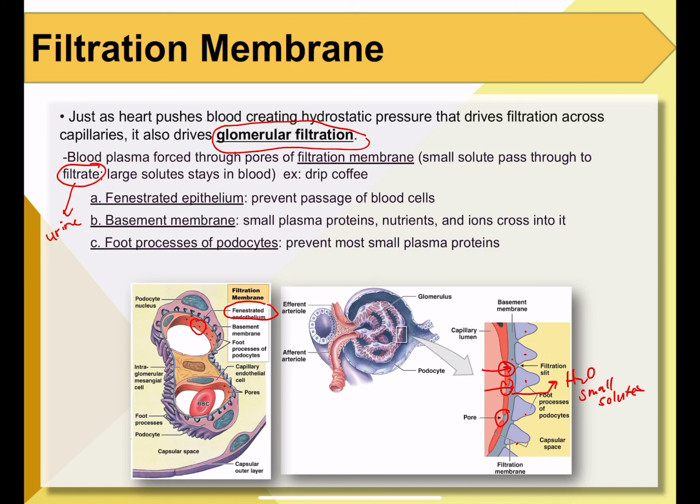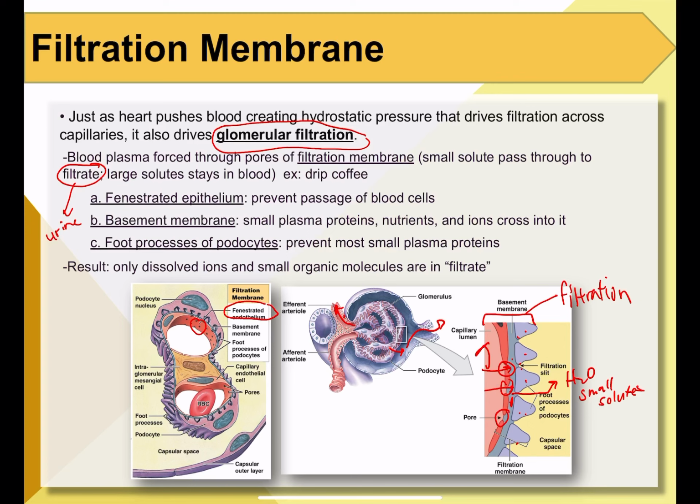So even though some plasma protein may try to escape out of the basement membrane, it can't cross between those holes of your podocyte. So that's why these three layers of the filtration membrane is what ultimately able to achieve filtration, okay? Where big things go back into your blood, out your efferent arteriole, small things go into the capsular space, into the renal tubule for further reabsorption and secretion, okay?